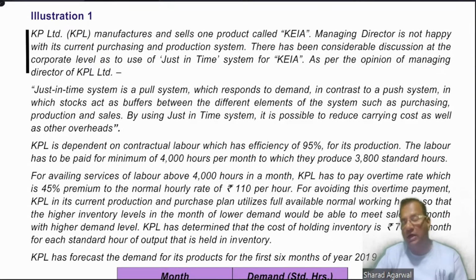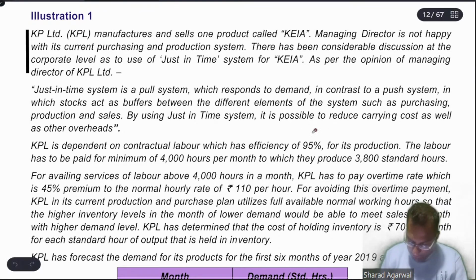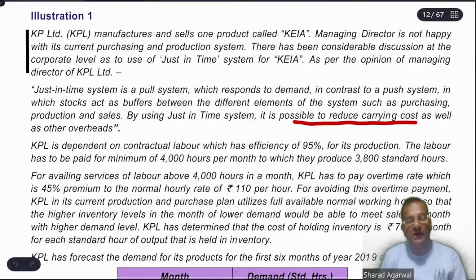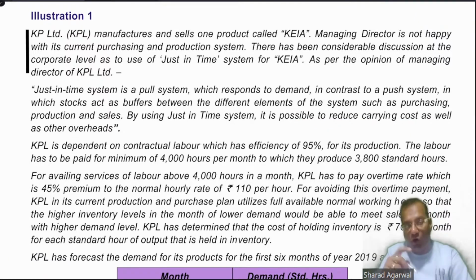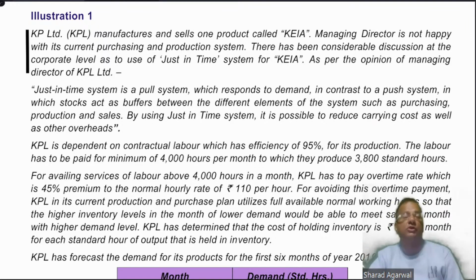If there is no demand we will not purchase any stock of raw material. So here we have to prove this numerically, that yes, through JIT system we will reduce our carrying cost, although we will increase one of the costs that is known as overtime cost. So we have to net off the benefit and the cost of JIT, and if it benefits us ultimately, then definitely we will recommend the JIT system.